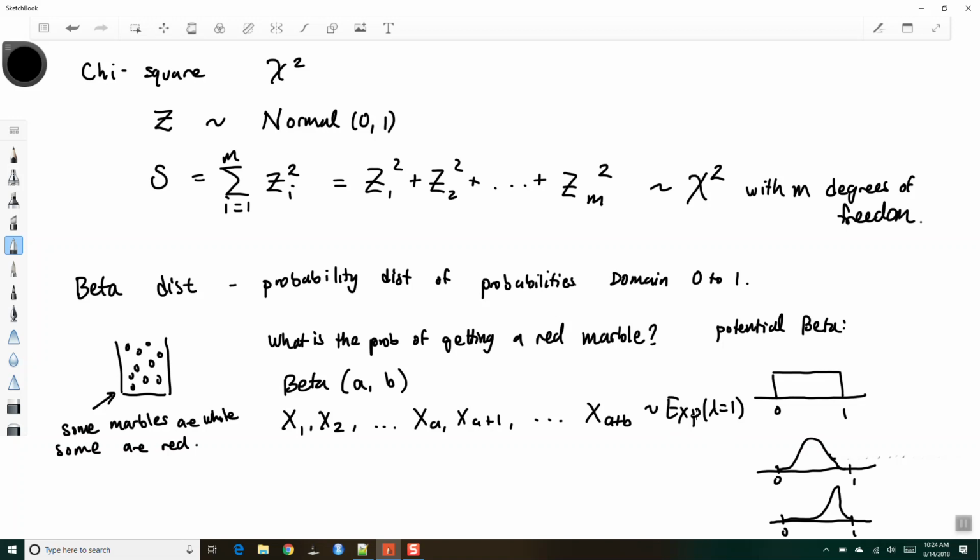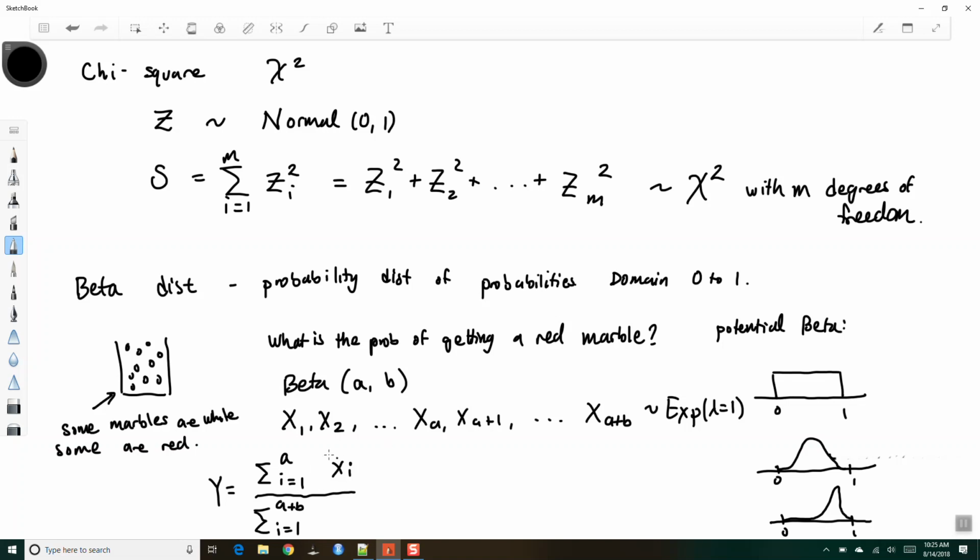Then y, which represents the beta distribution, is the sum of x sub i for i equals 1 to a, divided by the sum of x sub i for i equals 1 to a+b.